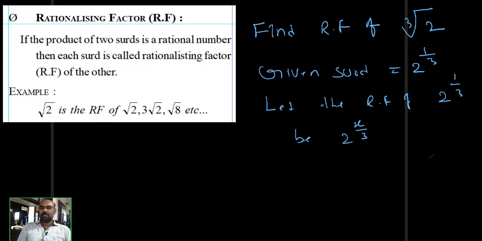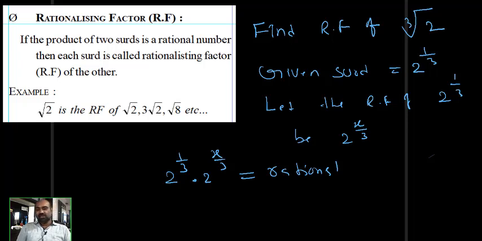Students, listen. This is my RF. What is the meaning of that? 2 power 1 by 3 into 2 power x by 3 should be rational. My assumption is that 2 power x by 3 is an RF, for such an x value.